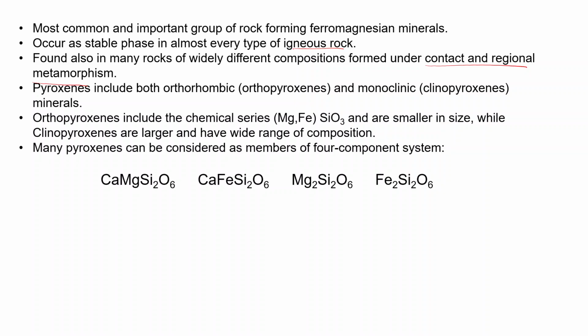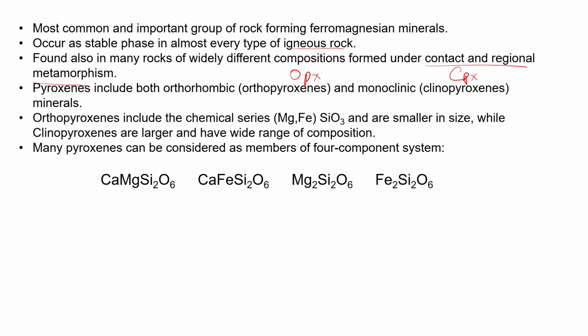You must be coming across terminology like orthopyroxenes and clinopyroxenes. The orthopyroxenes belong to the orthorhombic group, and clinopyroxenes belong to the monoclinic group. For orthopyroxenes, commonly the abbreviation OPX is used, while for clinopyroxenes, CPX is used.